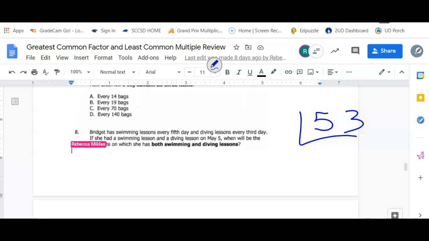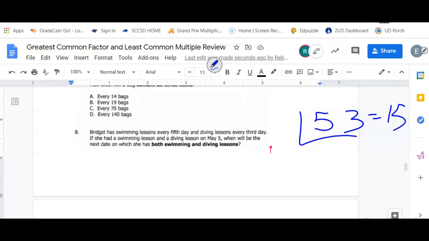You can't put a 1 here and put 5 and 3. But we don't have to. There's a 1, I wouldn't do anything, and I would just multiply 5 times 3 to get 15.